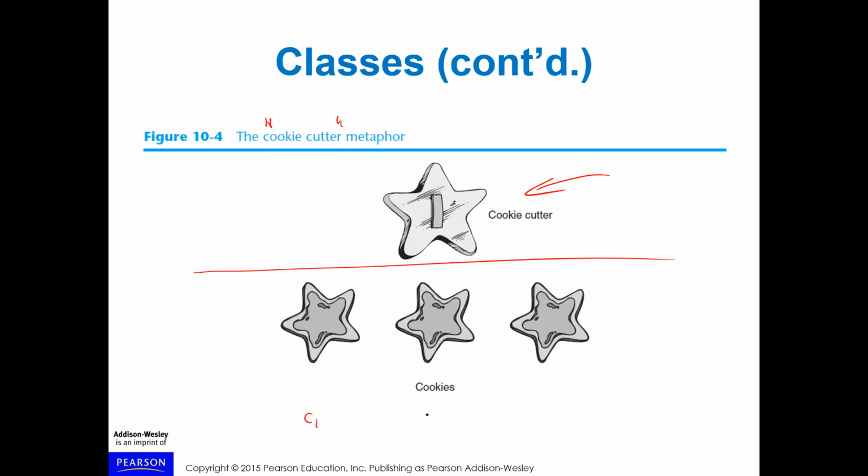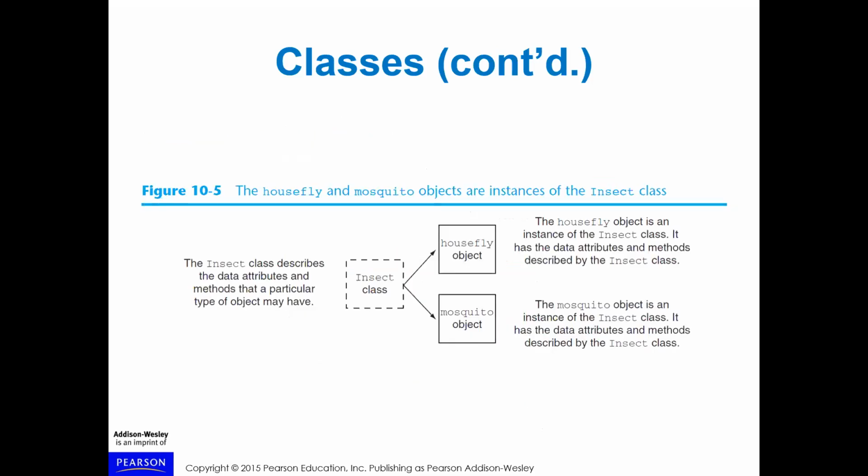You create cookie 1, cookie 2, cookie 3. So cookie cutter, C1, C2, C3, those are the cookies. Similar to the previous one.